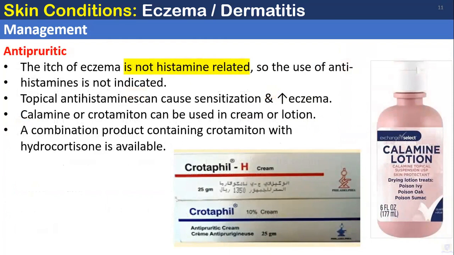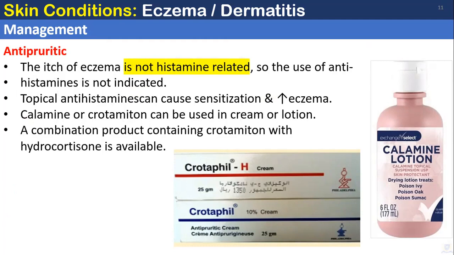Another treatment could be used for our problem, which is scaly itching skin. Scaly itchy skin, here the itching of the skin is not histamine related. What is it related to? It is related to dryness. Okay. Therefore the emollient is very indicated.